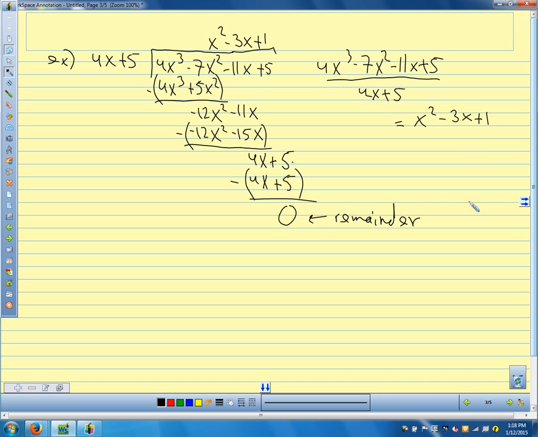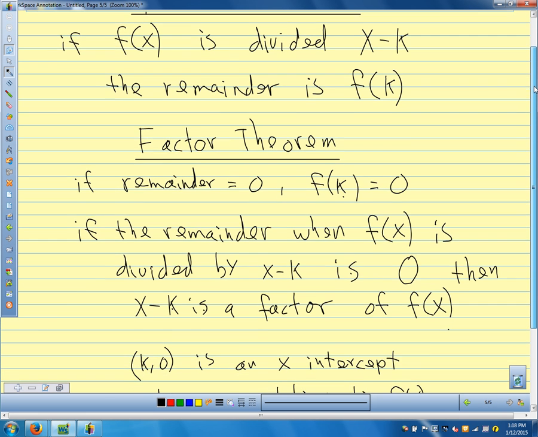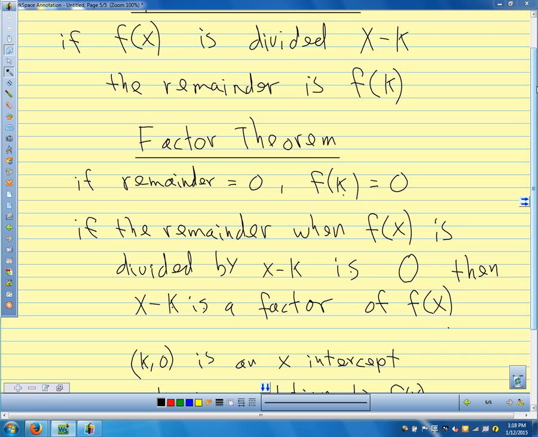So that's where we're going with the factor theorem. Today we're just going to practice with synthetic division, a little bit of long division, to decide if we have a factor, and to evaluate our function using the remainder theorem. Tomorrow we'll talk about how we pick numbers that possibly can be zeros of our polynomial.